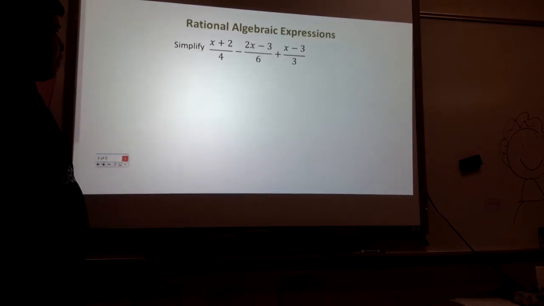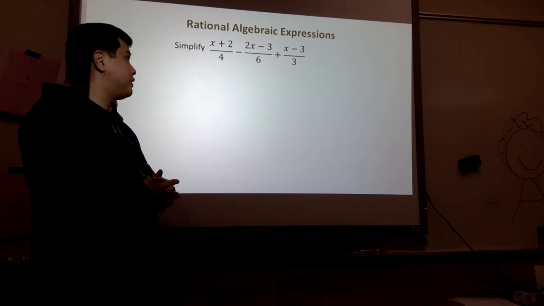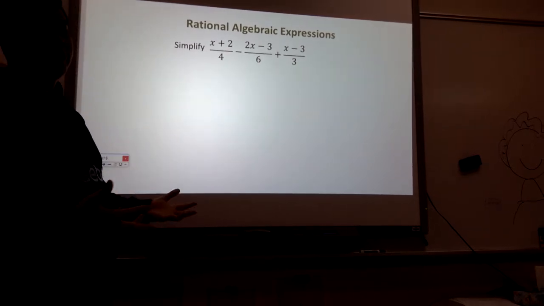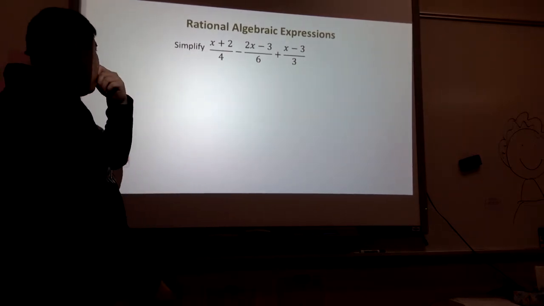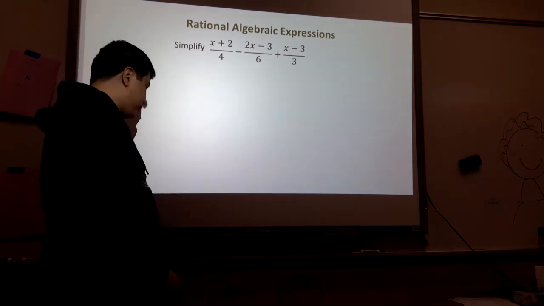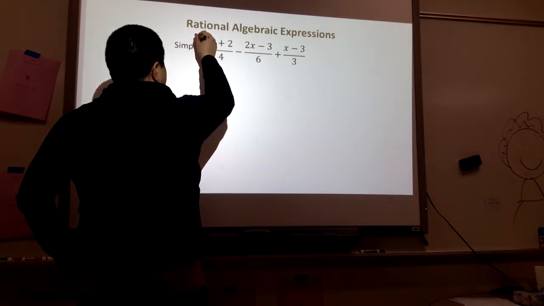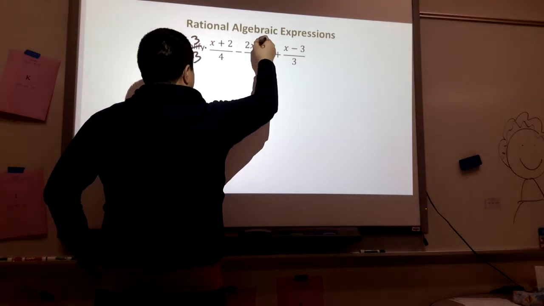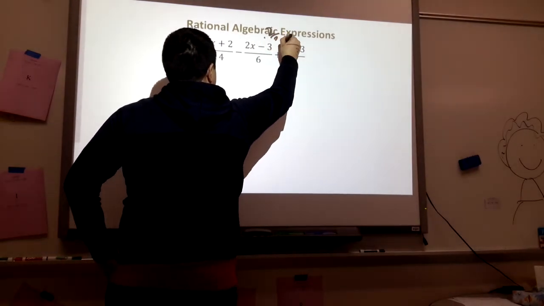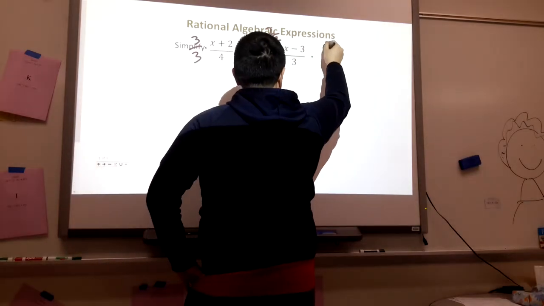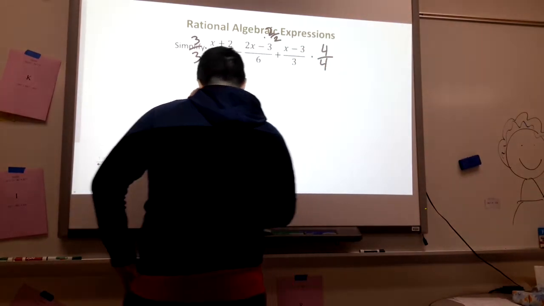This is the last example that we're going to go over, when we have 3 different fractions, but the rules stay the same. We still have to get a common denominator. In this case, our common denominator is going to be 12, so we're going to be multiplying this first fraction by 3 over 3. We're going to multiply this middle fraction by 2 over 2. We're going to multiply this last fraction by 4 over 4.